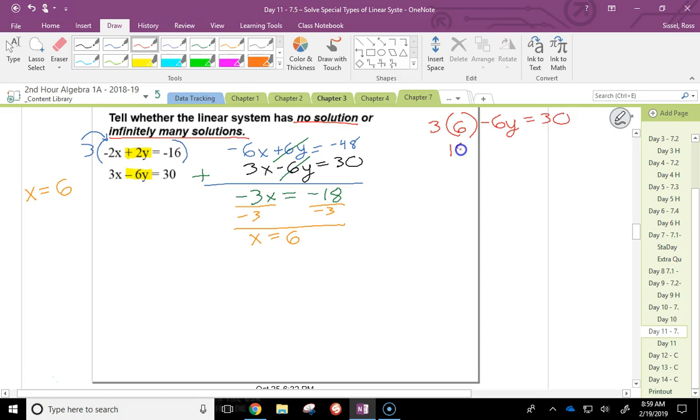Okay, so that's 18 minus 6y equals 30. I need a minus 18. Those cancel out. Negative 6y equals 12. Divide by negative 6. Y equals negative 2.